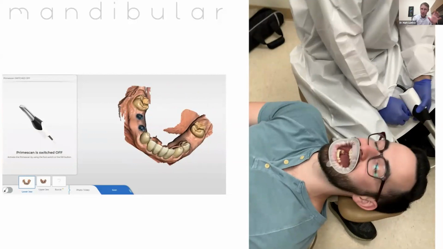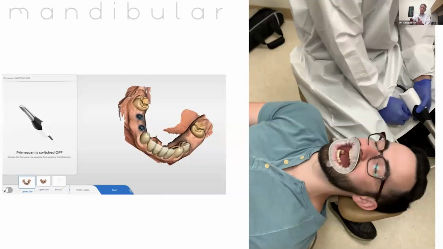Now, we're going to look at the same scan from a different camera angle, because sometimes where people have problems is when you go lingual first, you get the occlusal, then as you're going through the facial, you almost have to take that scanner and flip it 180 degrees and continue on.